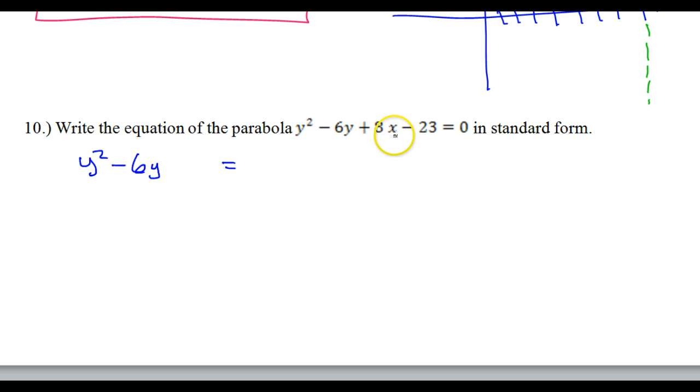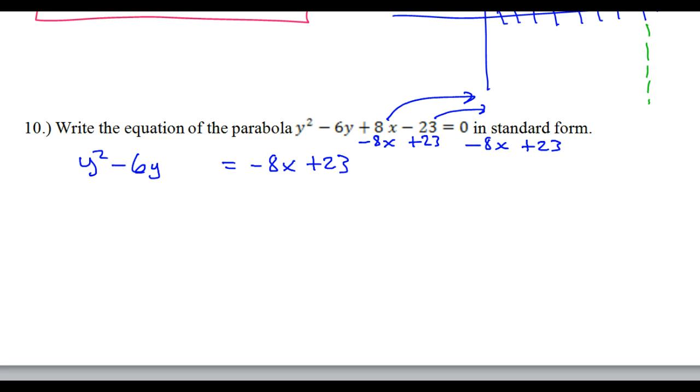And I'm going to move both of these things to the other side. There's only room for one squared variable on the left side of a parabola. So I'm going to subtract 8x from both sides, and add 23 to both sides. So over here that's going to give me negative 8x plus 23.